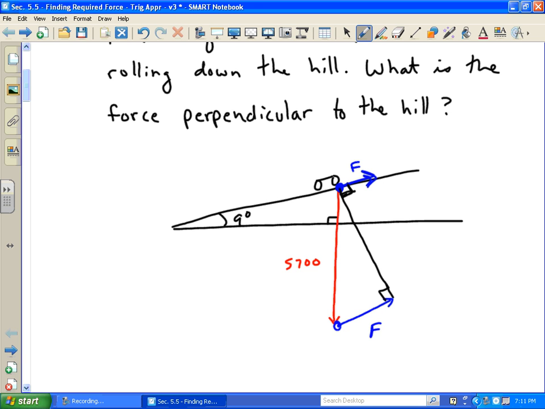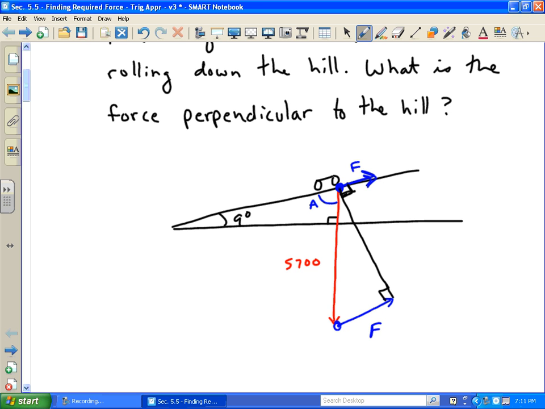Now from here, I'm going to use this larger triangle that I have drawn down below in the red and the blue to solve my problem. Before I can do that, I need some angles. I have my right angle and I have the 5,700, but I need some other angles in there. First thing, I'm going to tackle finding the angle A inside of here.